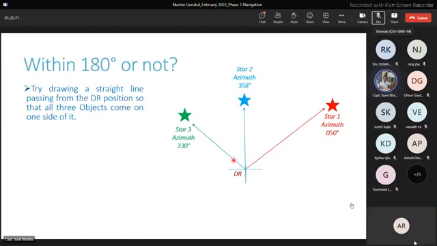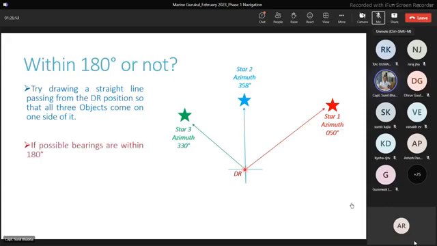Now, once you have made this simple diagram, having the DR position and the 3 celestial bodies and their azimuth, you try to draw a straight line passing from the DR position so that all the 3 objects come on one side of it. I repeat again, we try drawing a straight line which is passing from the DR position in such a way that all the 3 objects come on one side of that line.